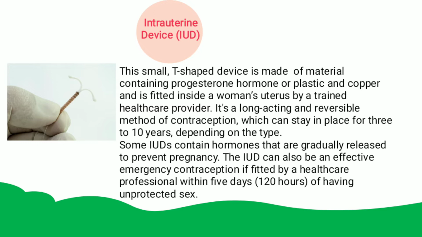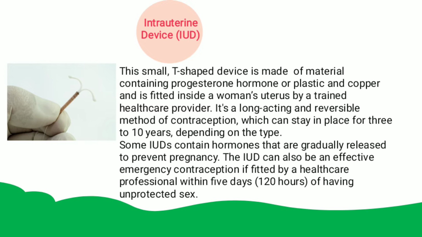It is made of material containing progesterone hormone, or plastic and copper, and it is fitted inside a woman's uterus by a trained healthcare provider. It's a long-acting and reversible method of contraception, which can stay in place for 3 to 10 years. This is the long term, depending on the type.